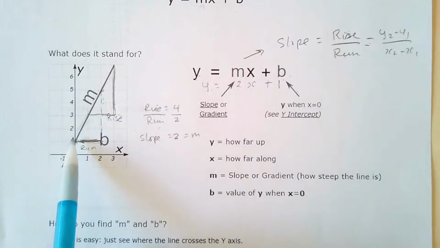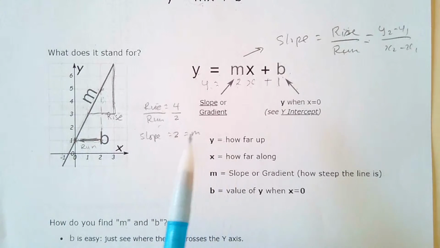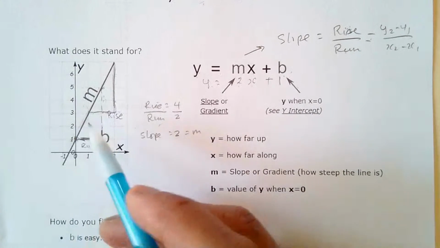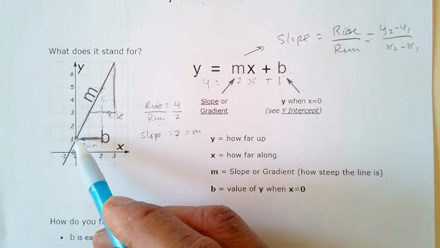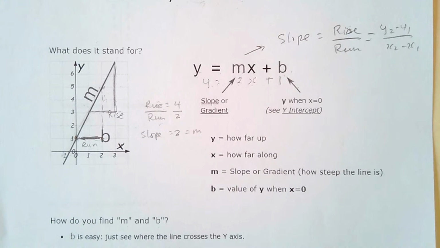The y-intercept is where it crosses the y-axis. Now, this only works if you have a graph where you can find the y-intercept. Sometimes that's not possible because the scale is so huge.